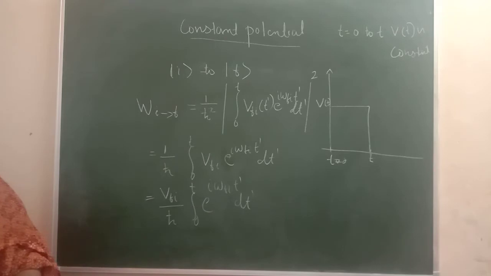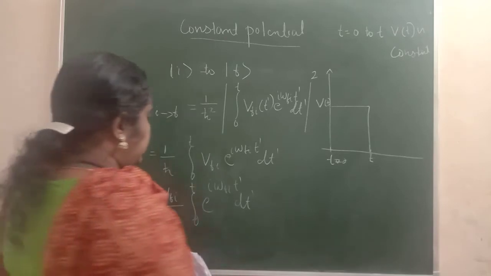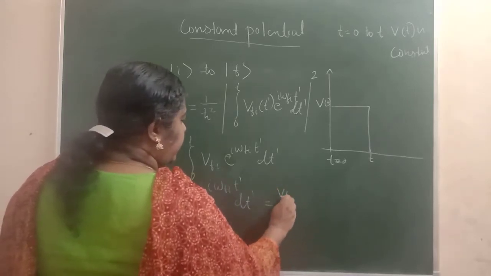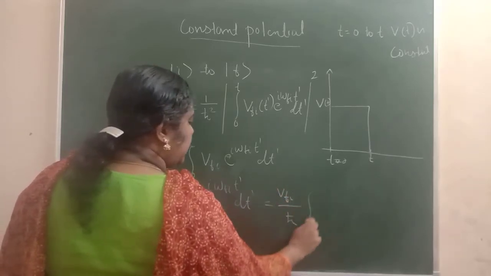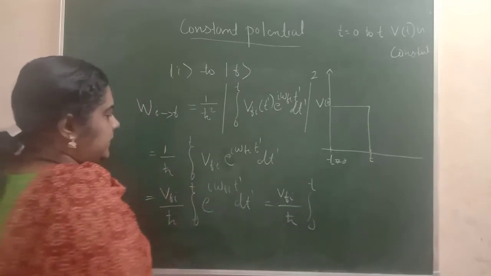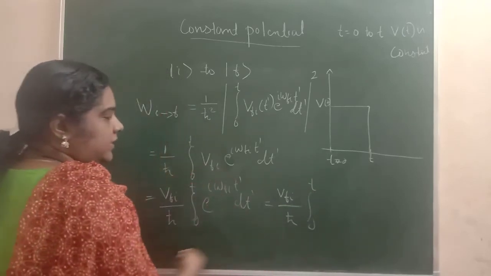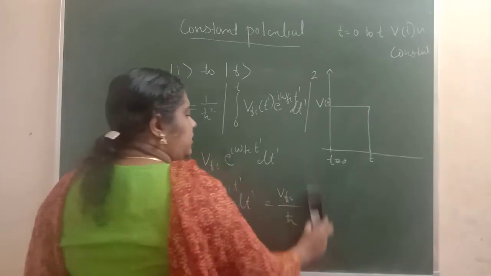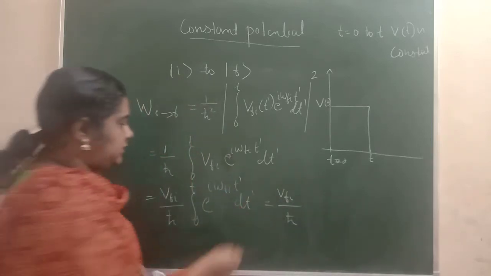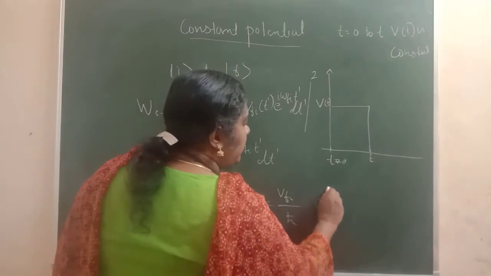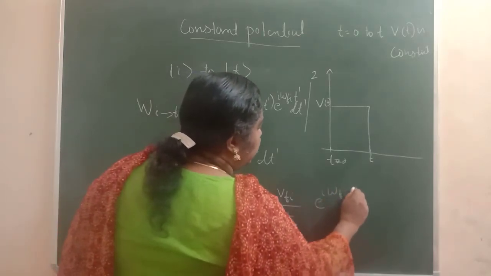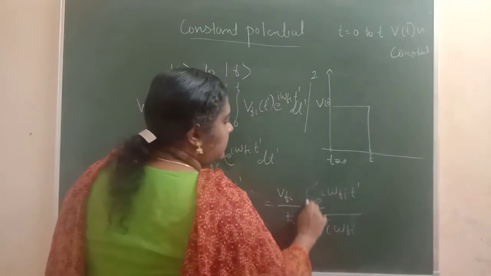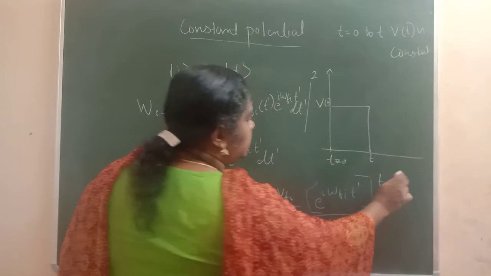So if you do this, what will you get? It is V fi by h cross, integral 0 to t. This integration is very easy, I hope you know this. It is e raised to i omega fi t dash by i omega fi, from 0 to t.